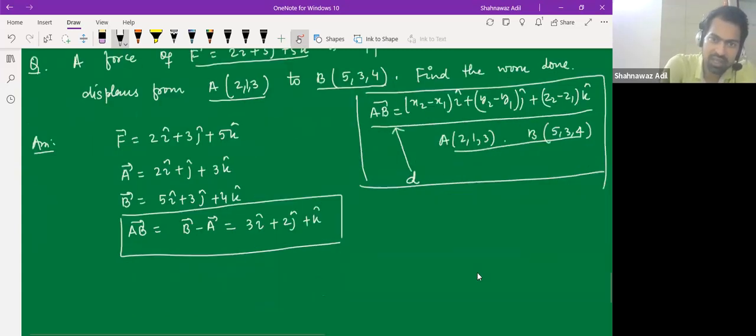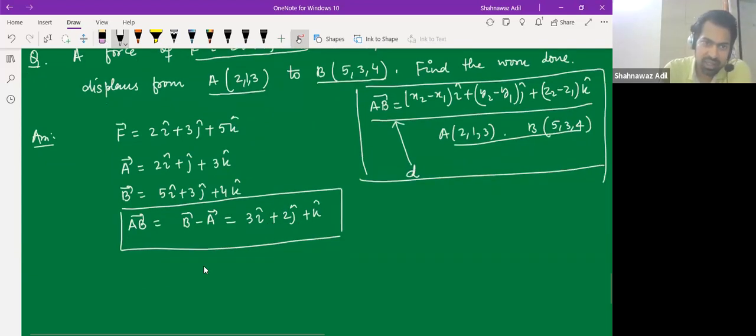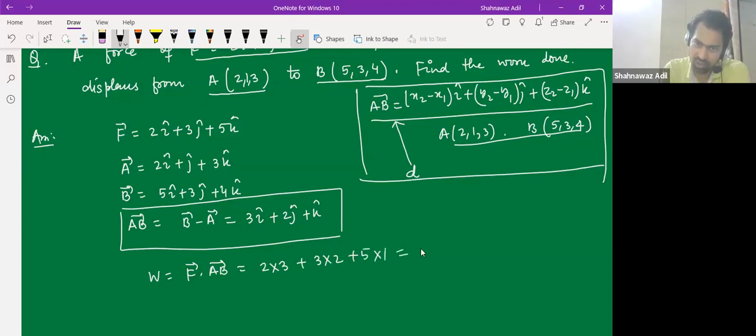So you have this vector, and then you can calculate the work done, which is F dot AB. As Rishita is saying, 2 into 3 plus 3 into 2 plus 5 into 1. So this is 6 plus 6 plus 5, so 17 joules. Is this clear, guys?